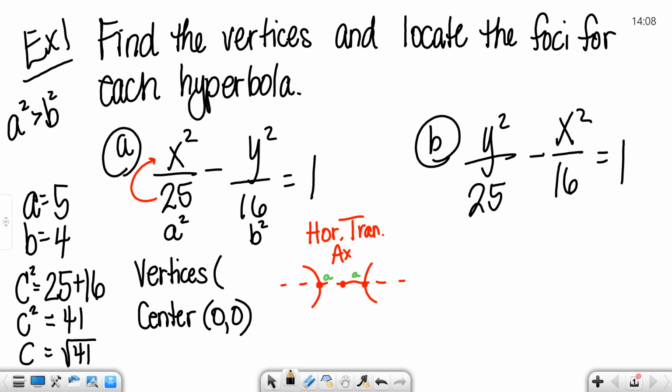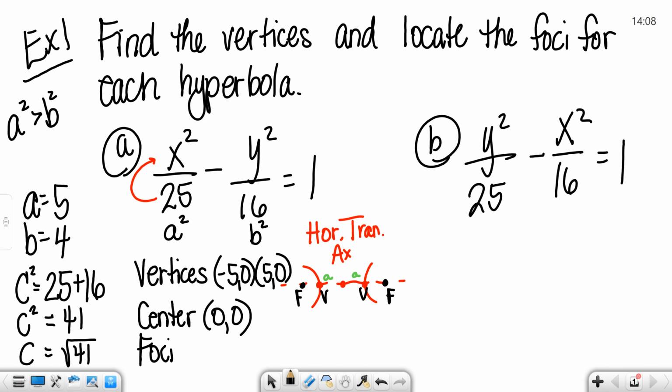So I go from my center to the left a spaces and to the right a spaces. So my vertices would be negative 5, 0 and 5, 0. My foci are c spaces and they are also on that transverse axis.